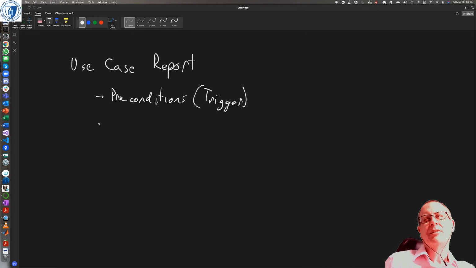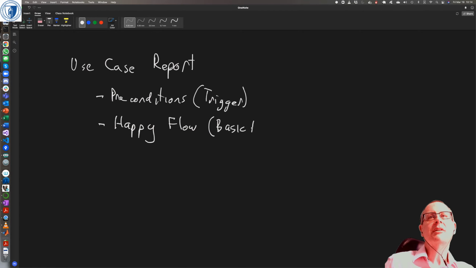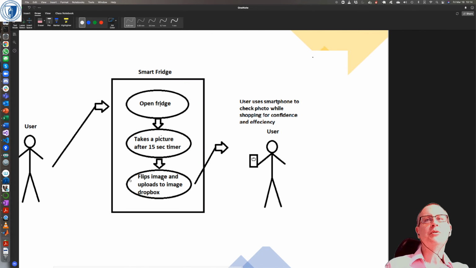And there's a few others. I'm not going to go through all the detail, but the key thing is what's called the happy flow. Sometimes it's called the basic flow. The happy flow, or the basic flow, is a sequence of steps that the use case takes. On this diagram, this is looking like the happy flow for, I don't know, what would the use case associated with it be?